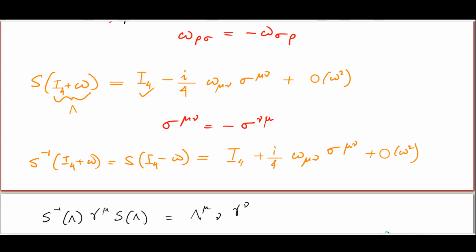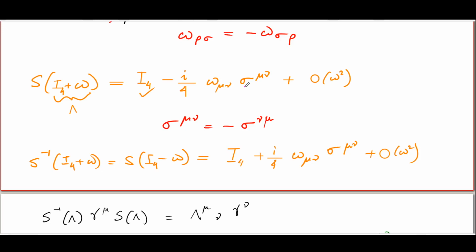On the other hand, when we deviate infinitesimally slightly from the identity matrix, in the sense that we have an infinitesimal transformation lambda, and these omegas are infinitesimally small but non-zero, we would expect S to also deviate from its 0 omega value, I4, by an infinitesimally small amount, and this infinitesimally small amount has been written down in this following form: minus i by 4 omega mu nu sigma mu nu, where the sum of course is over mu and nu.